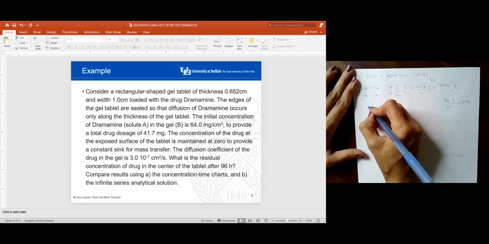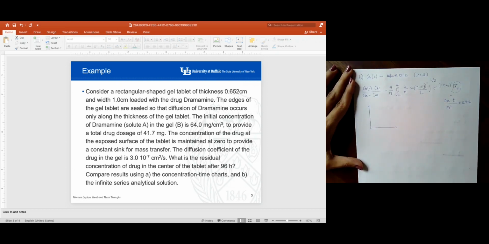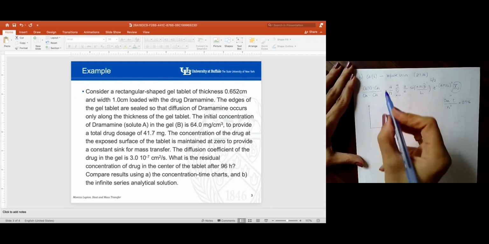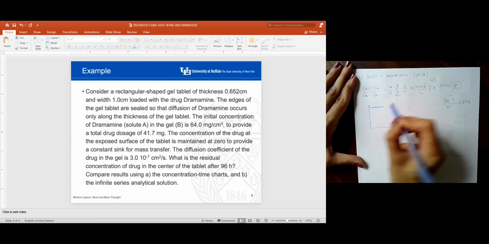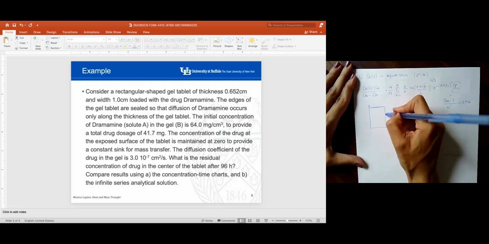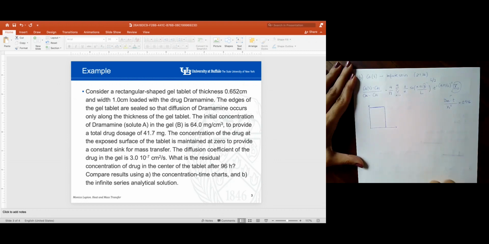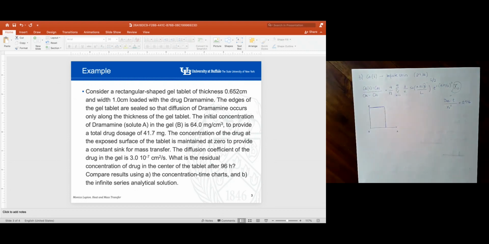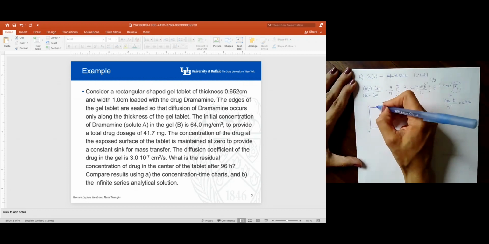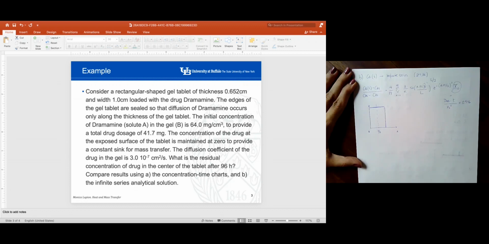Just give me a minute to clarify the value of zeta and the value of L. If you take a look at section 27.16 in your textbook, the diagram of this geometry specifically is this one. So we consider from 0 to x, so the origin is one of the sides of the tablet, and the center will be the thickness over 2, okay?